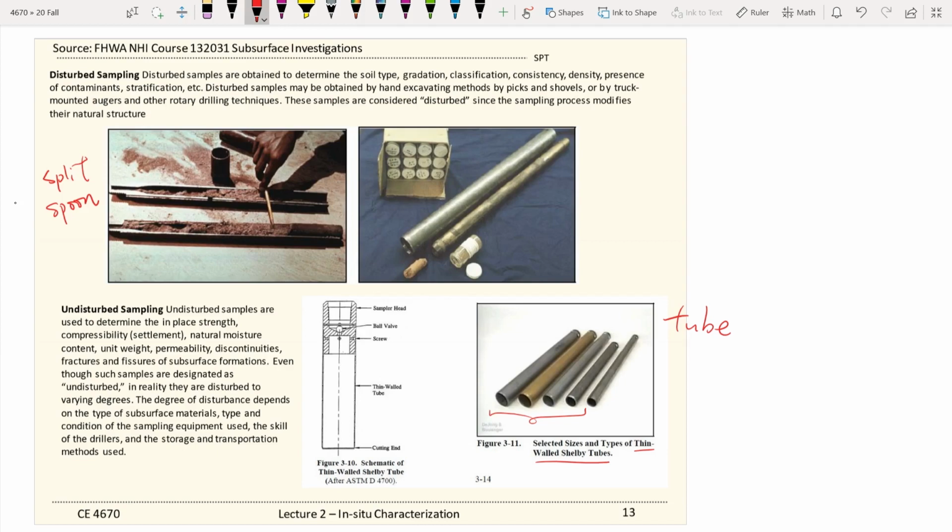If you want to get the soil sample out of it, you need to use a hydraulic jack to push out the soil sample, or, for the highest quality, you cut the Shelby tubes right at the interval and elevation that you want. After you cut the tubes, you push out the soil samples.